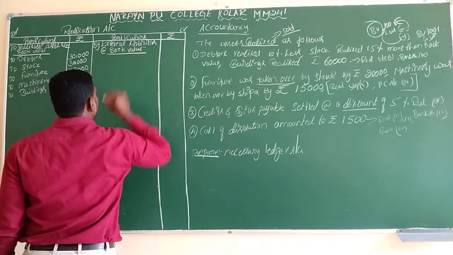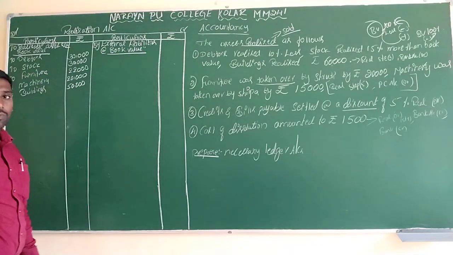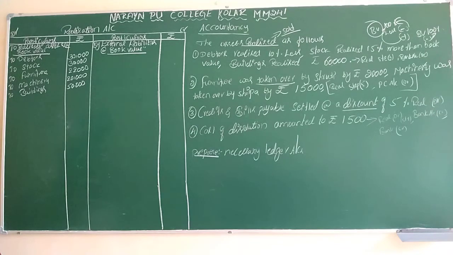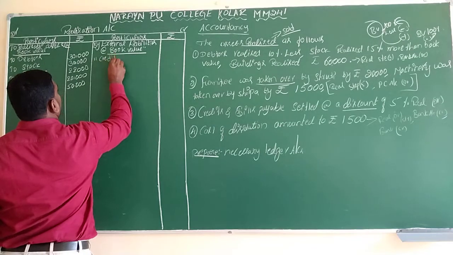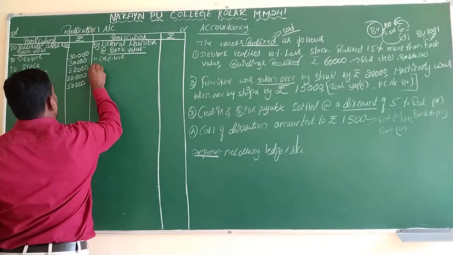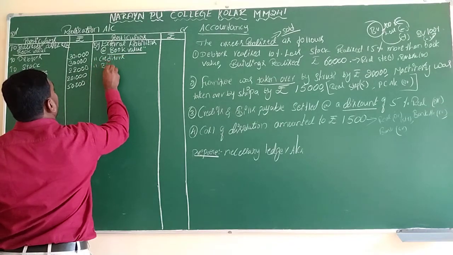Here, what liabilities did we classify in the previous balance sheet? We have only 2 liabilities: by creditors, and next by bills payable.